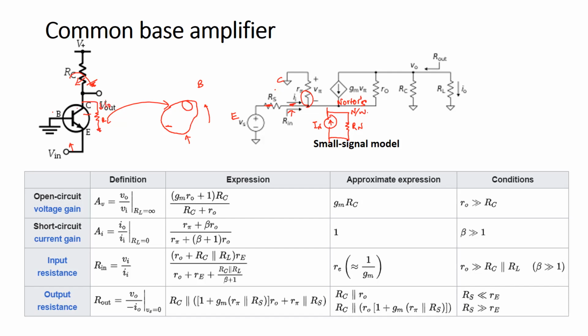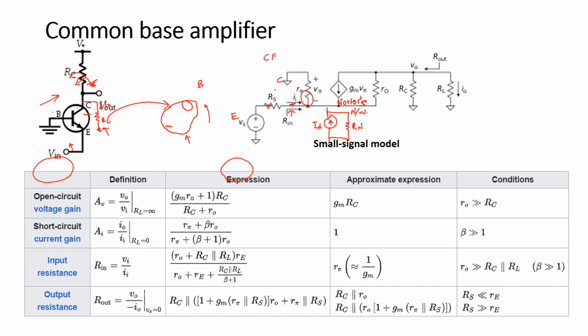And if you look at the open circuit voltage gain, without RL it is infinite. In that case, we got the expression that it is equal to GM times RC. So essentially your RC is setting the gain here for the circuit, which is the same as common emitter mode.